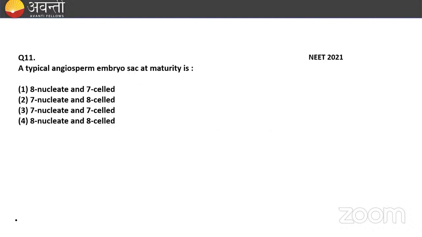Now moving to question number 11, which says a typical angiosperm embryo sac at maturity is. Option 1 is 8 nucleate and 7 cell. Option 2 is 7 nucleate and 8 cell. Option 3 is 7 nucleate and 7 cell. Option 4 is 8 nucleate and 8 cell. This question came in NEET 2021.